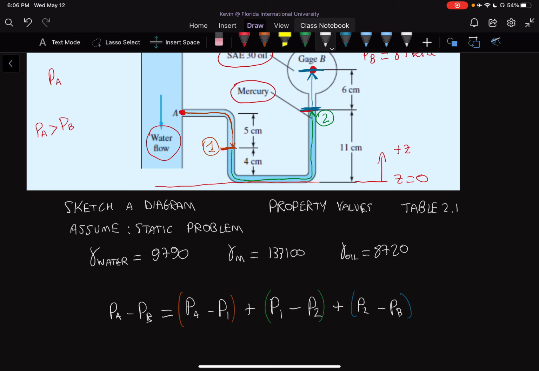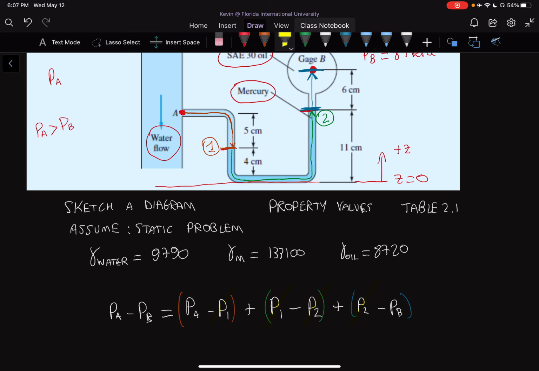And if we look at our equation in the same way as before, we could theoretically cancel P1s and P2s and we would be left with PA minus PB. So our equation is correct. We're just breaking down the system into 3 smaller systems by going from left to right and looking at every time there is a change.